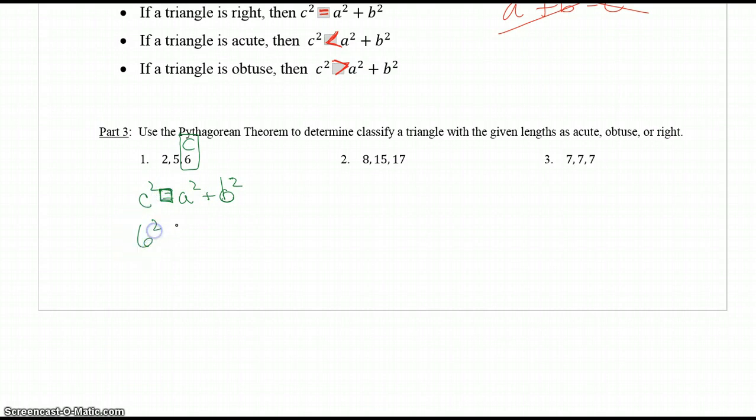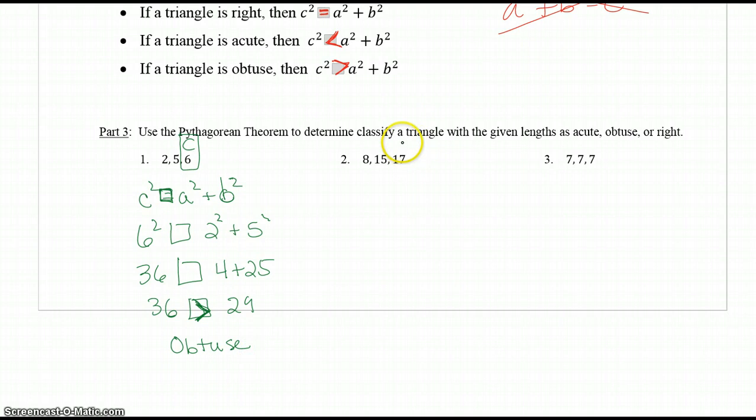So we'd have 6 squared, 2 squared, and 5 squared. So 36, 4 plus 25. So 36 and 29. 36 is greater than 29, so this would be an obtuse triangle.